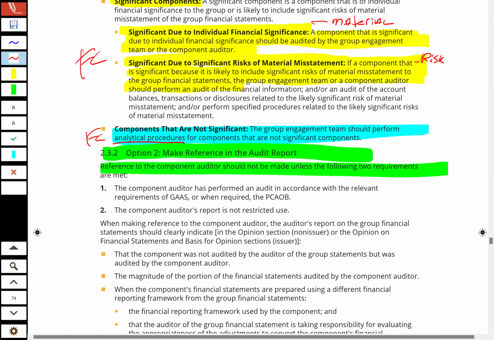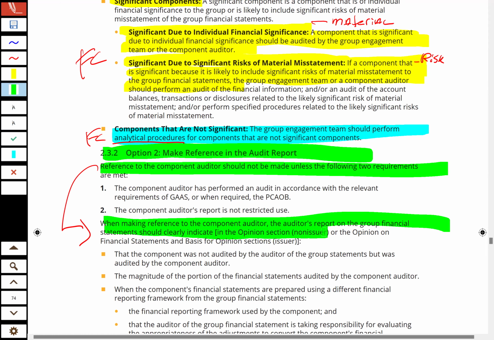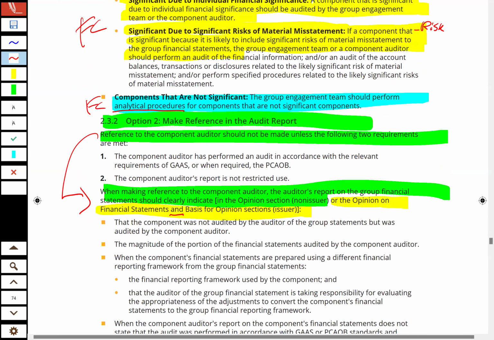I'm going to come back to that 1, 2 in a second, but let's just take a look. When making reference to the component auditor, the audit report on the group financial statements should clearly indicate in the opinion section for the non-issuer, or in the opinion and basis for opinion sections for issuers, that the component auditor audited part of the statements.